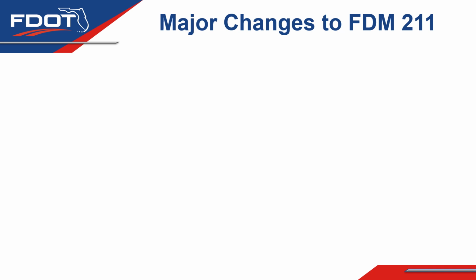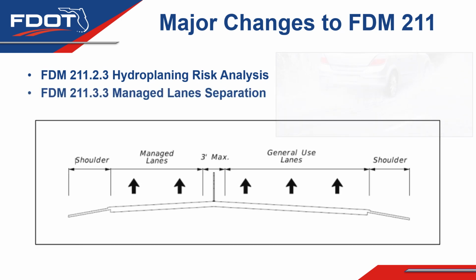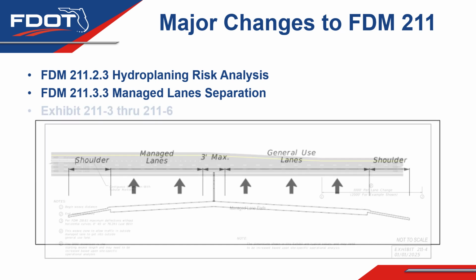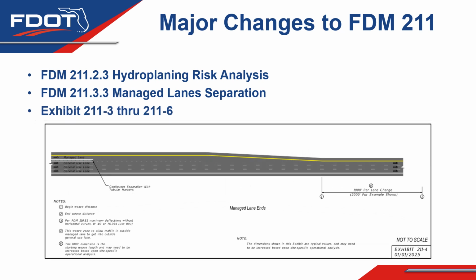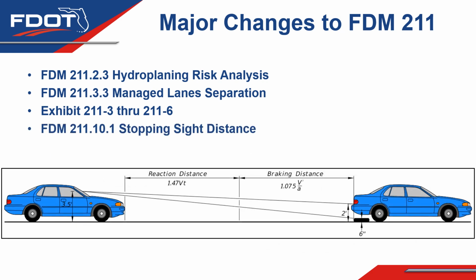The major changes to this chapter include modifications to FDM 211.2.3 for hydroplaning risk analysis, modifications to the managed lane separation section in FDM 211.3.3, modifications to exhibits 211-3 through 211-6, and clarifications on stopping sight distance, object and eye height in FDM 211.10.1. So Jimmy will get us started by covering the hydroplaning risk analysis changes to this chapter, and then I'll cover the rest of the changes.